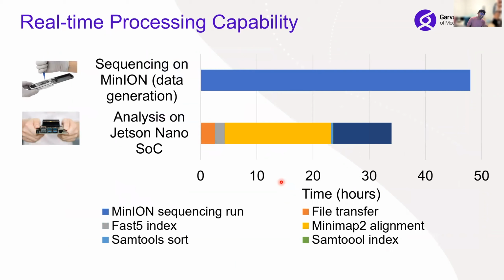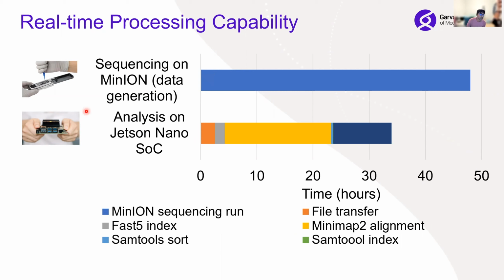And also with GPU optimizations, we could make this little Jetson device capable of processing the data from a sequencer in real time. When you load a sample and run the sequencer like this, it would take 48 or 50 hours to give the output little by little.